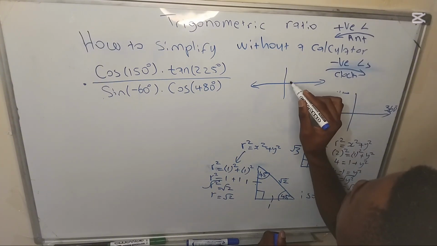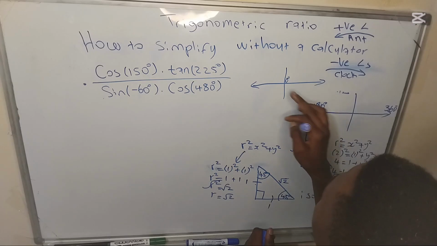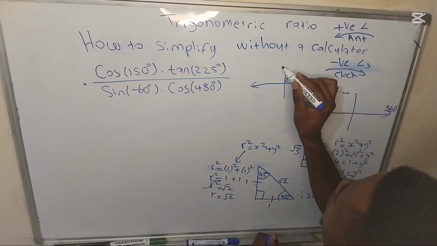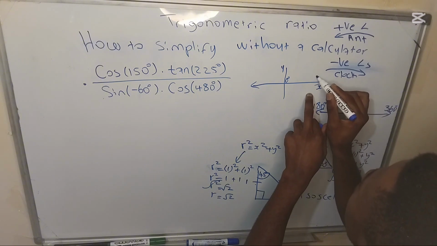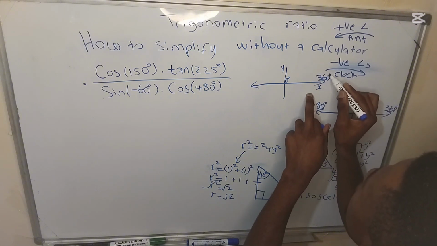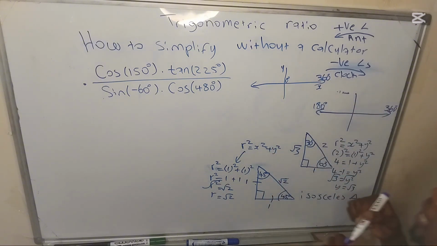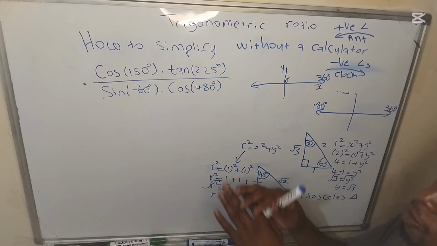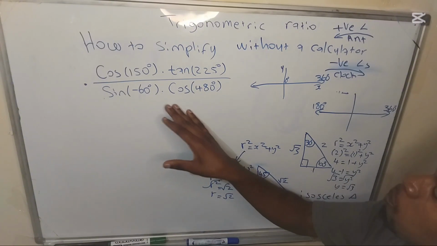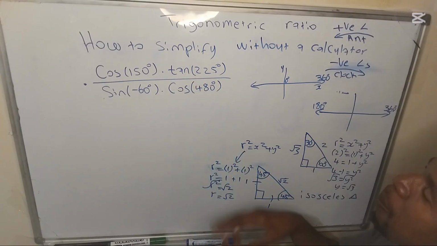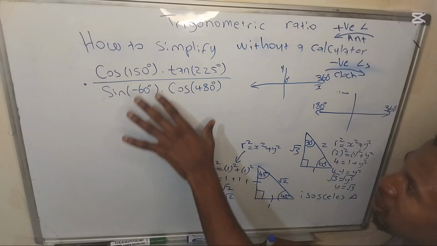So this is our Cartesian plane. Guys, here we have 0 degrees, because we have our y-axis and our x-axis. Here we have 360 degrees, right? Now I'm about to break down this whole thing.